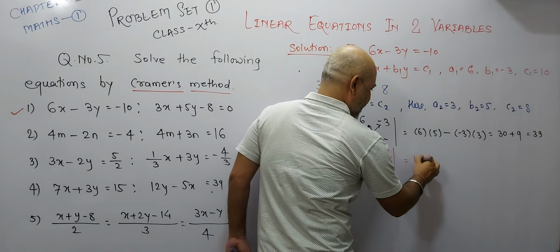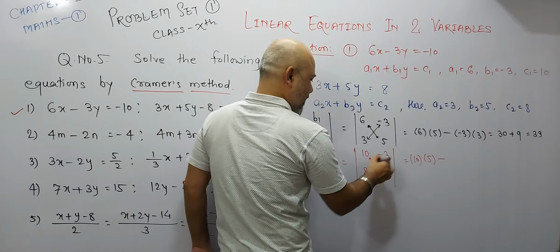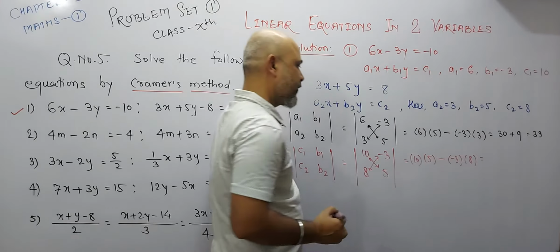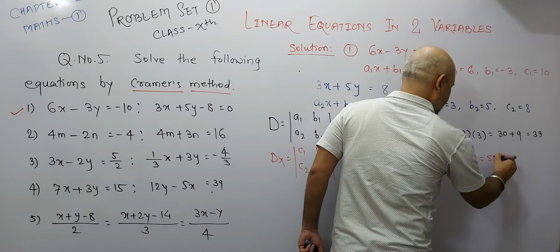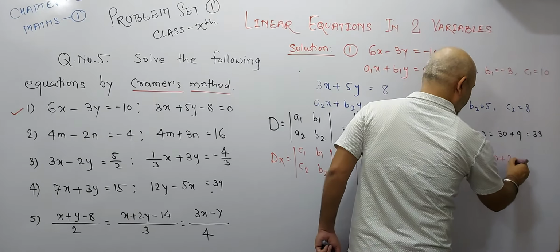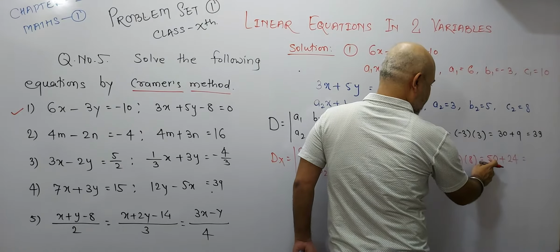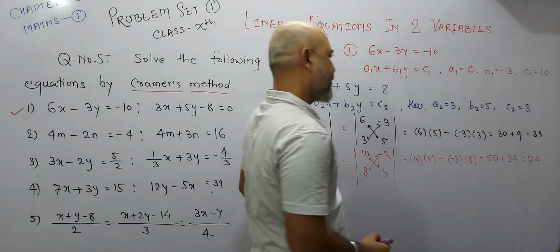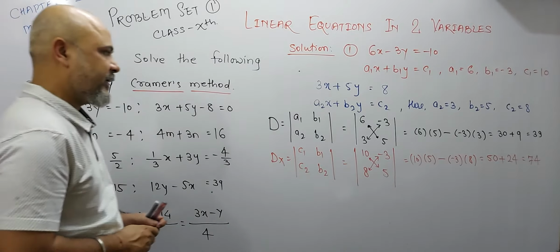So 10 multiplied by 5, then minus sign, minus 3 multiplied by 8. 10 multiplied by 5 is 50. This is minus minus plus, 8 threes are 24. So 50 plus 24 is 74. So the value of Dx is 74.